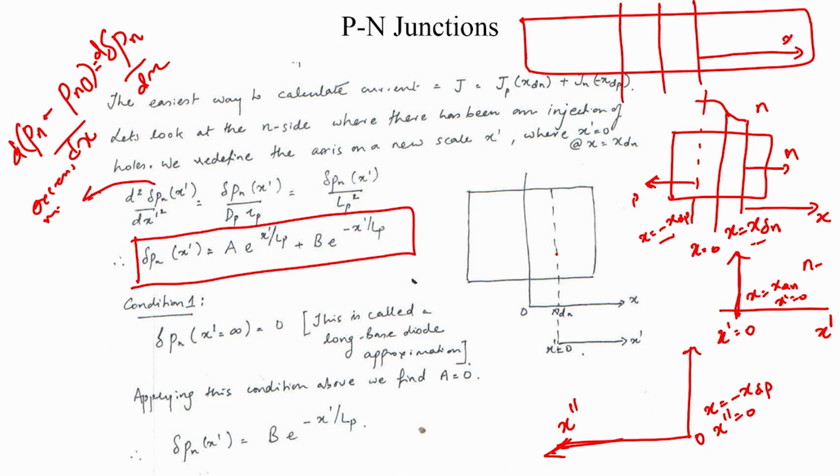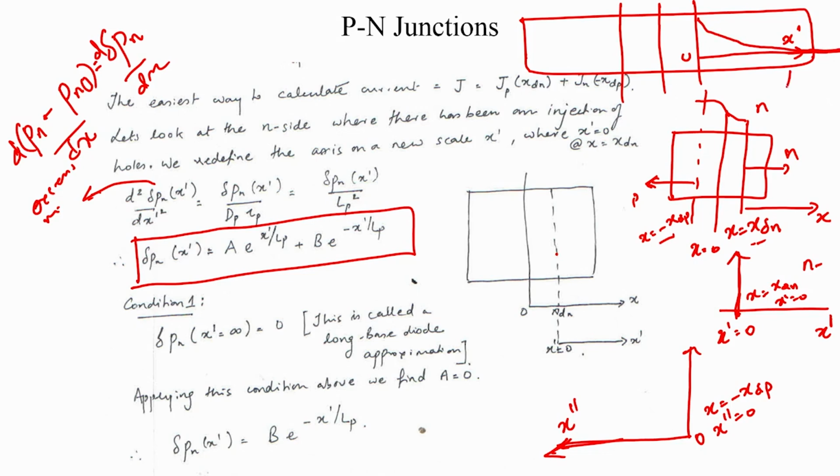So, my x dash coordinate system goes like this. At x dash is equal to infinite, there are no minority carriers present, which means that all the minority carriers have recombined by then and nothing exists.